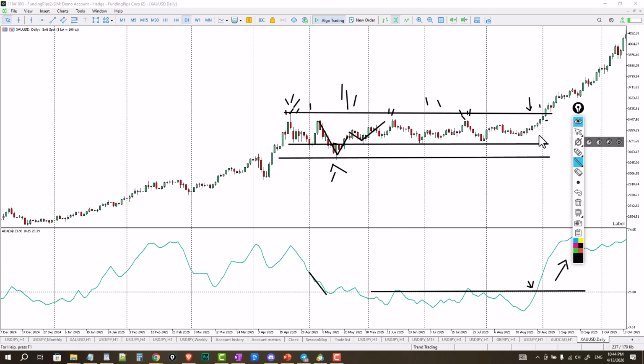But for somebody who doesn't like taking back-to-back losses and prefers going with the conservative approach, yes, your win rate is going to be slightly higher than the person who has a very tight stop loss, but it's going to come at the expense of your reward to risk ratio. For somebody using a very conservative stop loss, the distance between their trade entry and their stop loss is going to be very far.